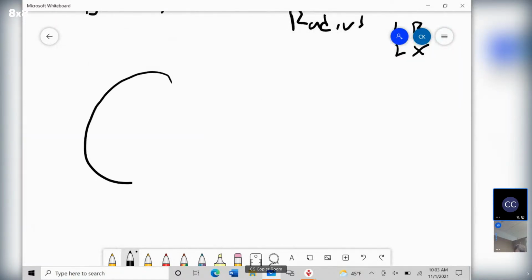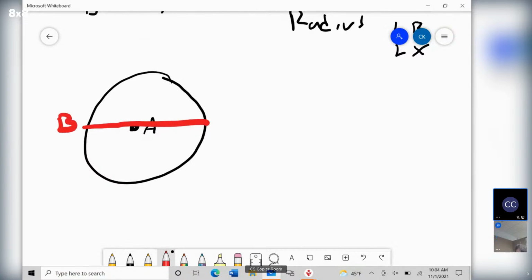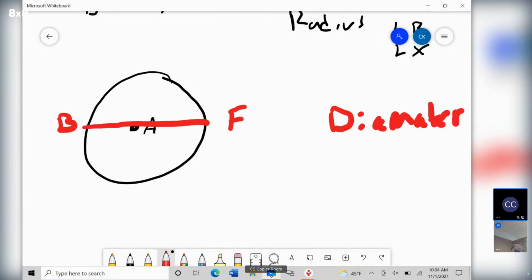And what I want to do, I want to show you, we'll get into this a little bit more. Say we have another circle here, and we have a point right in the middle. We'll say this is circle A. And we will do the diameter on this. We'll say it's B, we'll say F. Now, if we know BF, the diameter is BF.